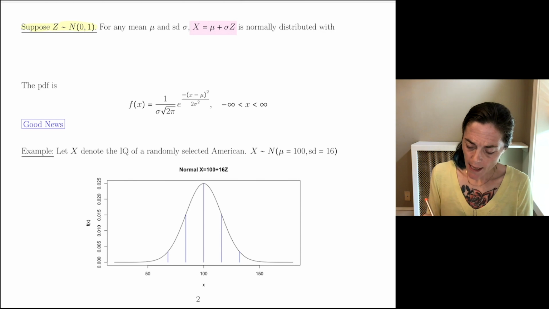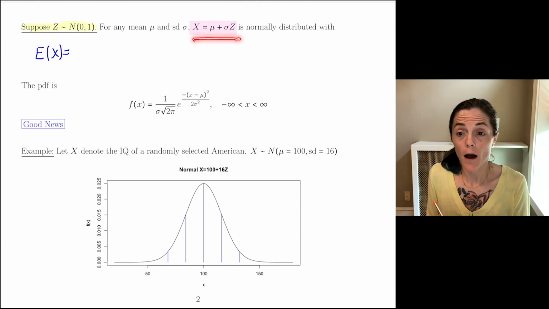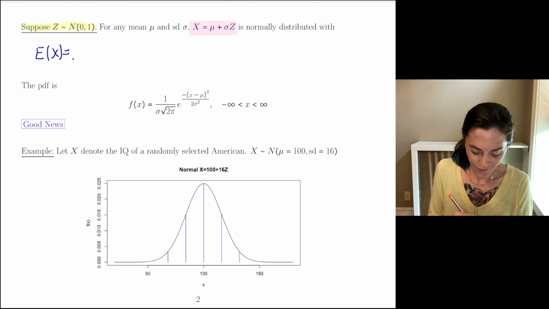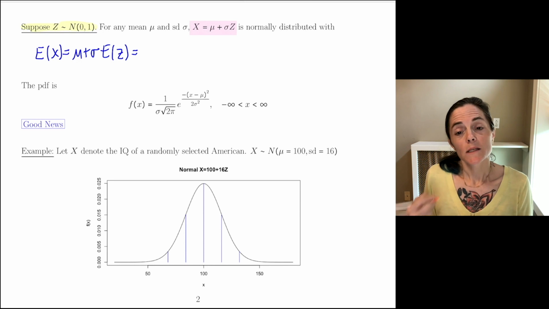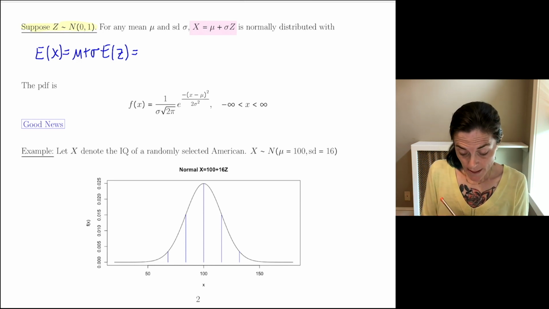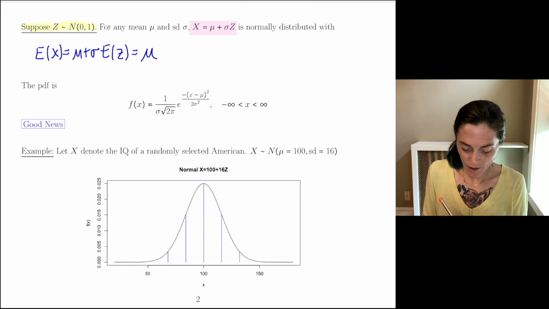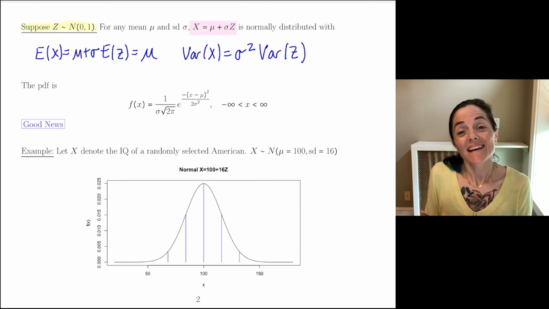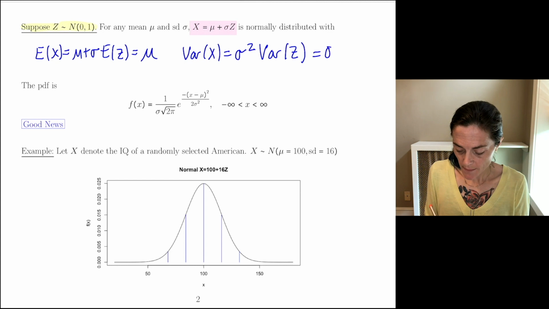And we can calculate the expected value of X using the formulas we discussed in the last module. This would be mu plus sigma times the expected value of Z. Expected value of Z is 0, so we just get mu. And similarly, the variance of X would be sigma squared times the variance of Z. The variance of Z is 1, so we get sigma squared.